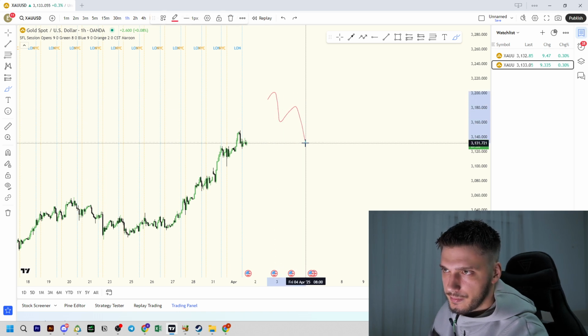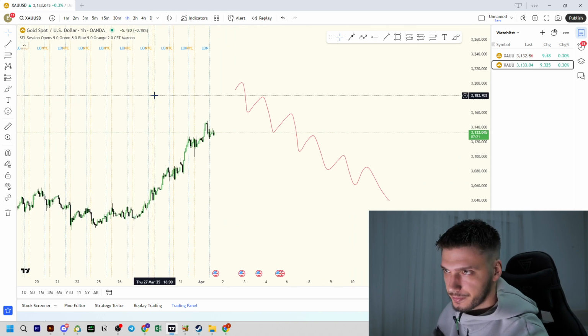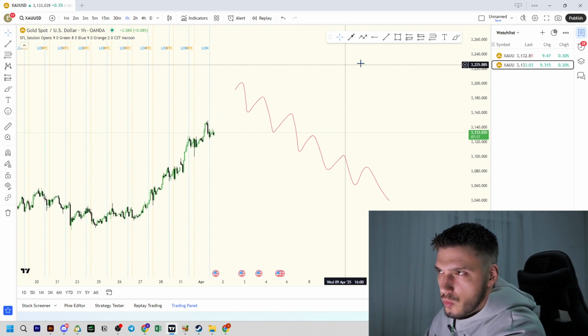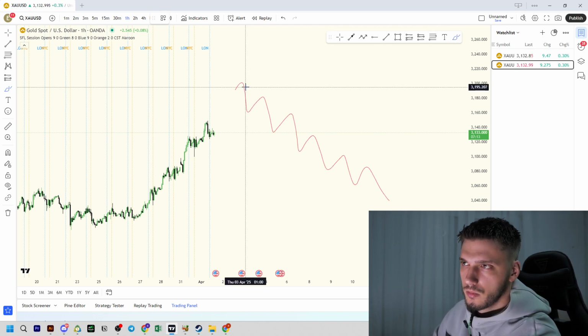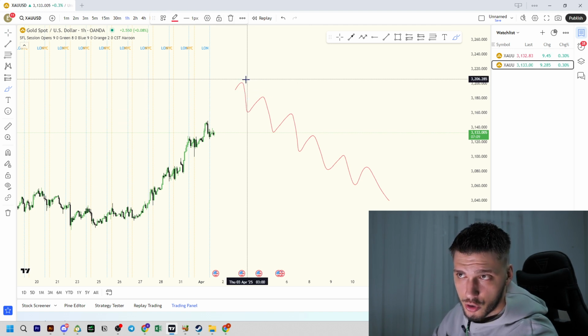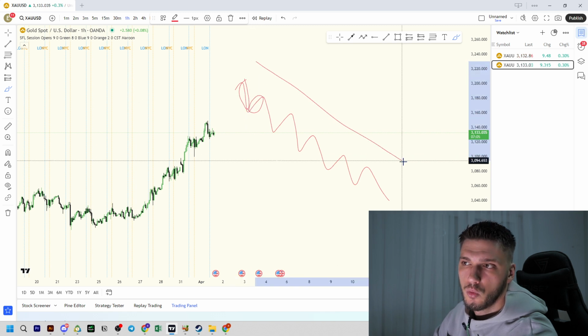And now let's say we have something like this, which we now call a downtrend. How does this work? It's the exact same thing as with the uptrend, but now the move down should be bigger than the move up, because we are in a downtrend.